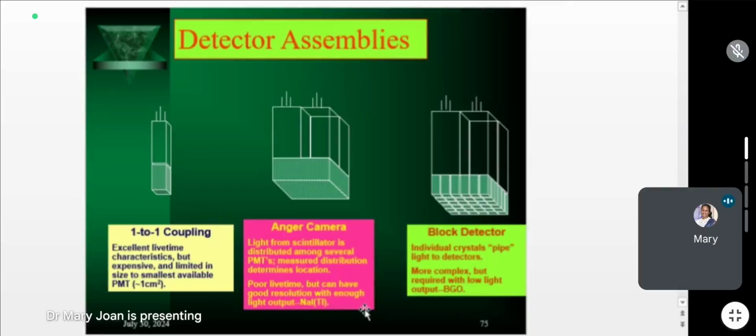So you can see that the crystal size increases and correspondingly we will have problems associated with the life of the machine, but the light output resolution will be better with the use of multiple photomultiplier tubes. And the block detector, where individual crystals and light pipe detectors are more complex but required with low light output. An example is where BGO crystals are utilized.